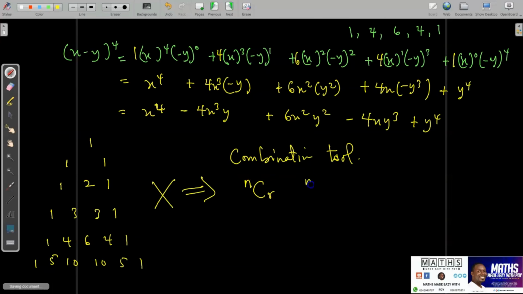The n refers to the power in the expansion, the highest power in the expansion or in the question. That's what the n refers to. The r refers to the terms in the question.